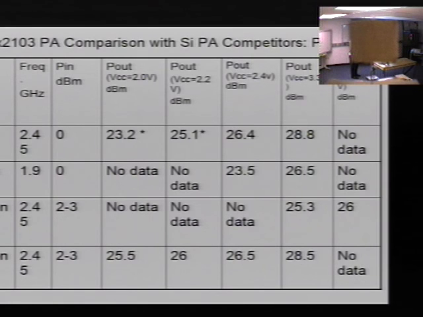So here are the results of the 2103, which was at 2.4 gig. We had about 28.8 dBm of power at 3.3 volts, and then you can see the output power versus supply, and we come down to about 23.2. Philips and Infineon, these are all competitive silicon PAs.